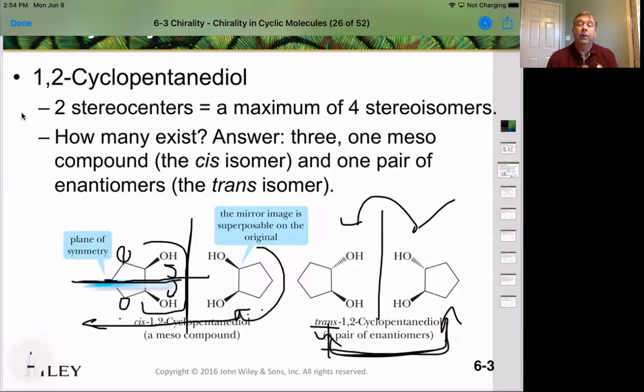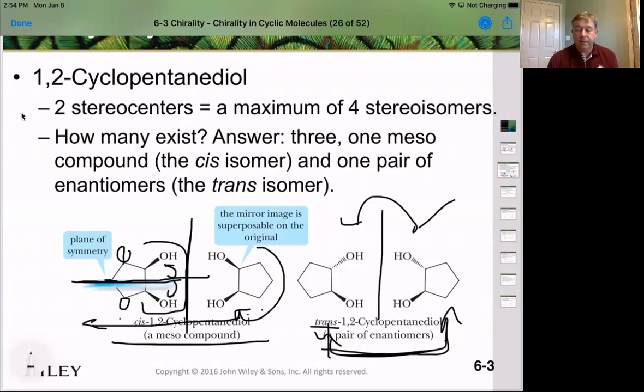It would become superimposable, okay? Because of that plane of symmetry, that material is superimposable. Therefore, it is not a chiral compound. This particular isomer is a meso compound because of that plane of symmetry.